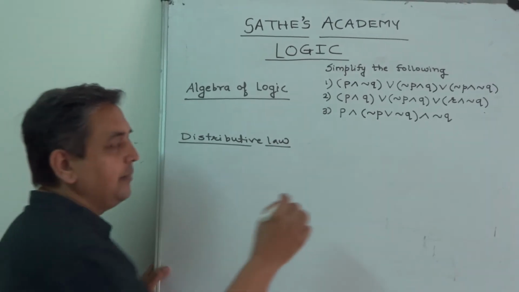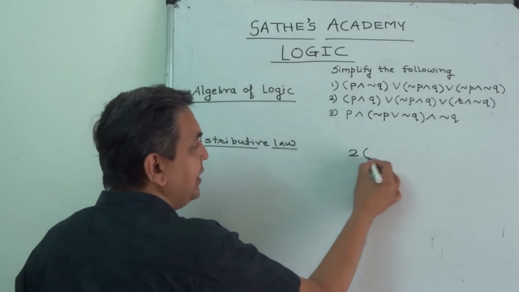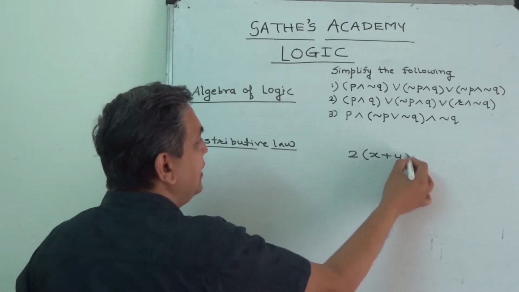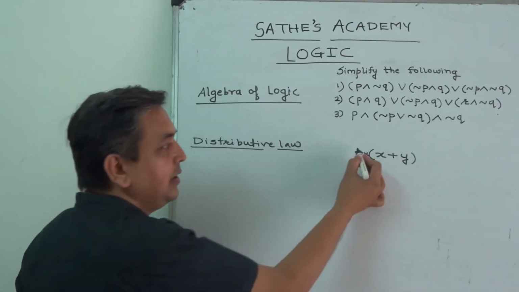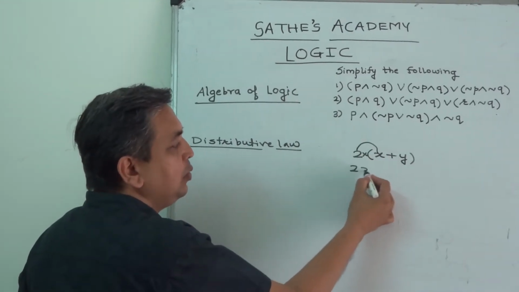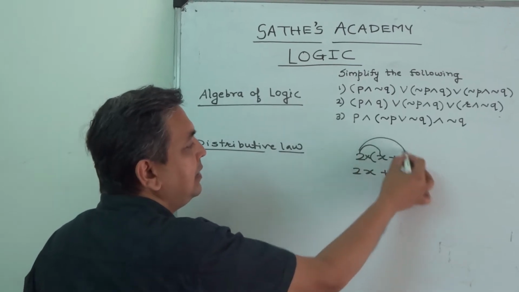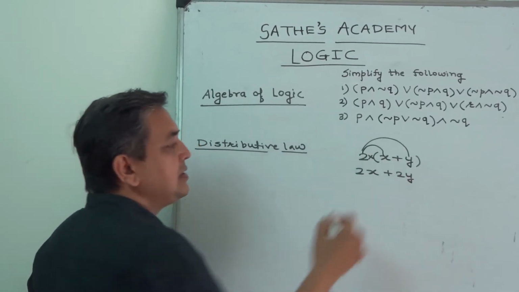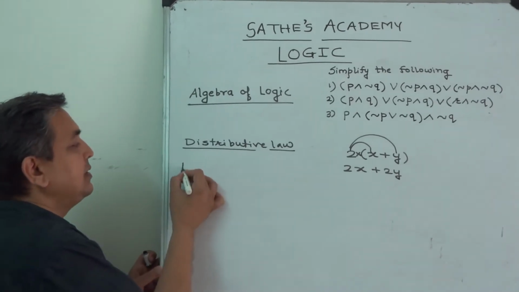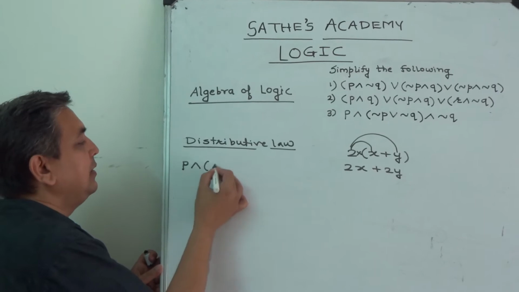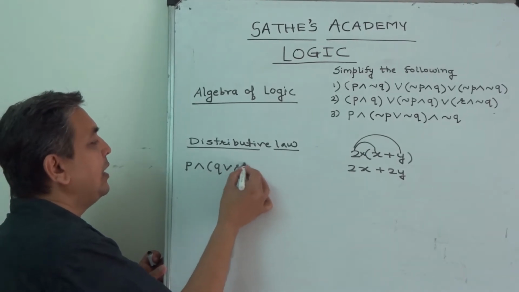In our algebra, we have seen if we have 2 times x plus y, this is multiplication. Multiplication is distributed over addition and we get this as 2x plus 2y. Same law is applicable over here in logic as P and Q or R.